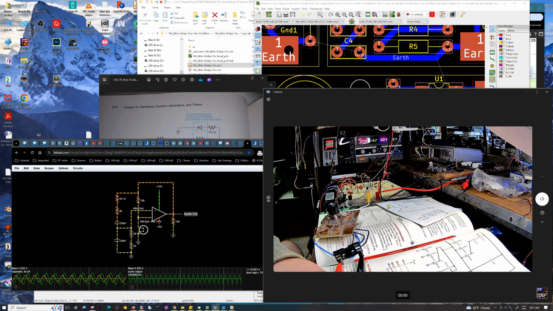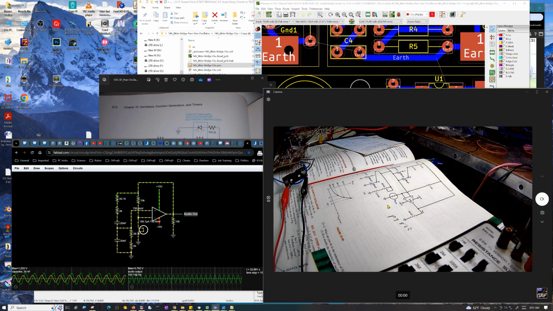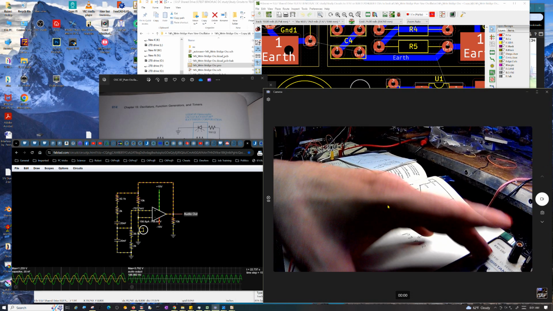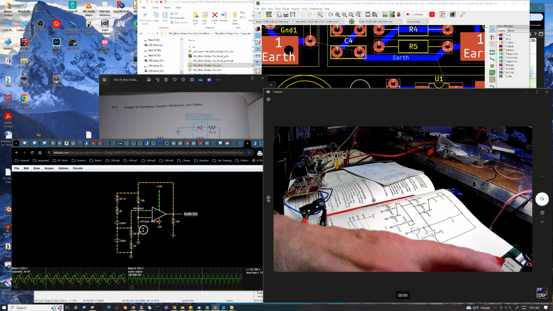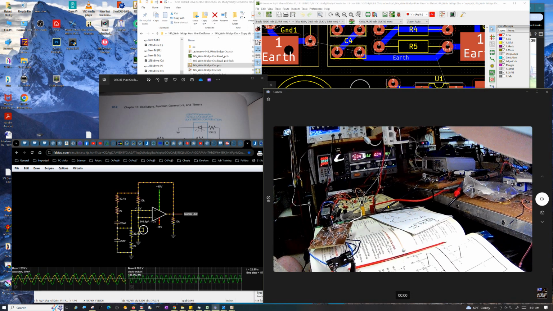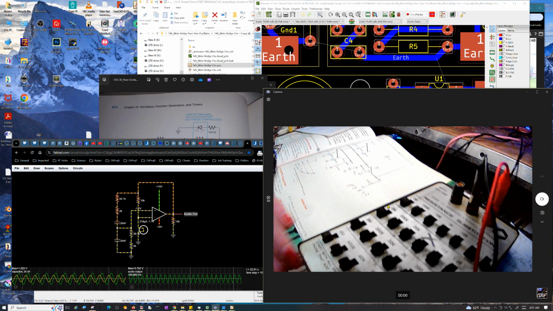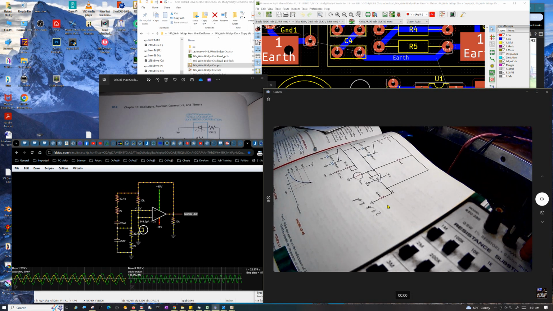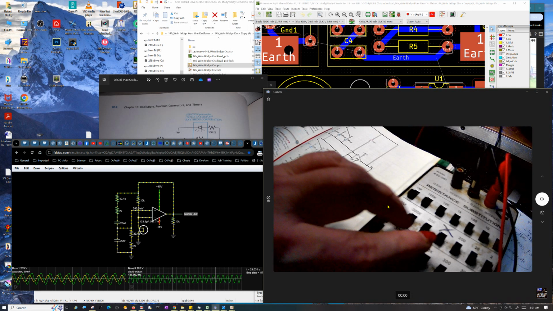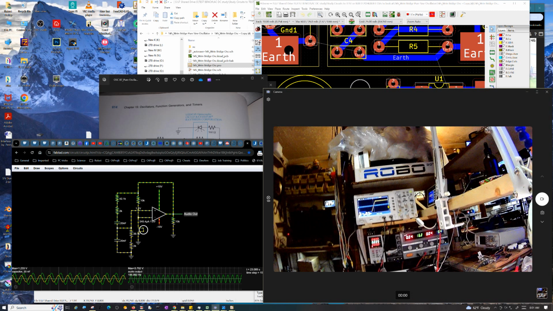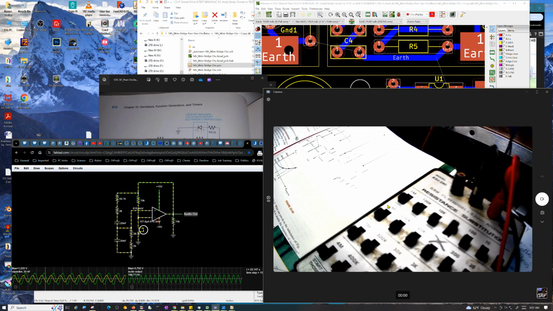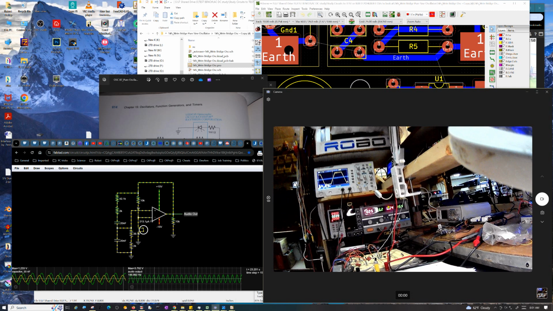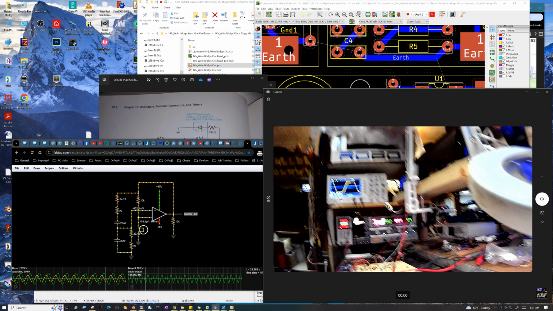If you go 100K, I guess that doesn't make any difference either. So that's its upper frequency limit around that point. When I get it down to 0, and then put 1K on it, that's like 91 kilohertz.